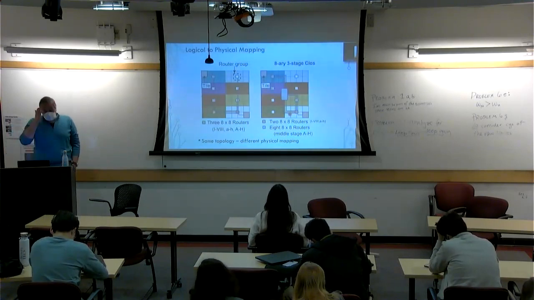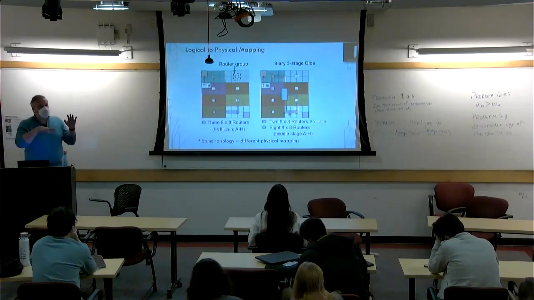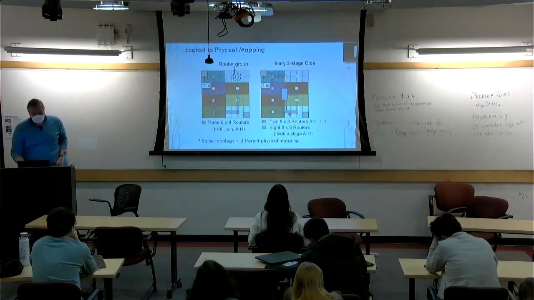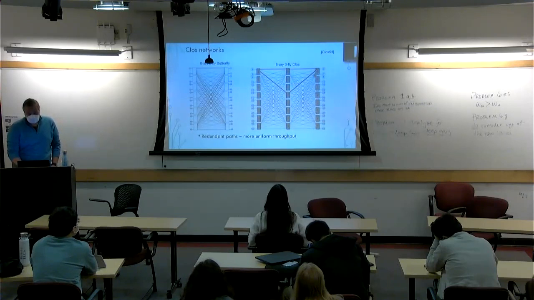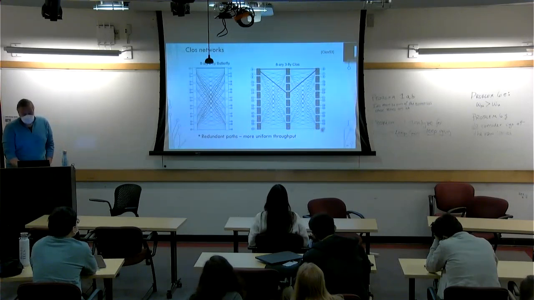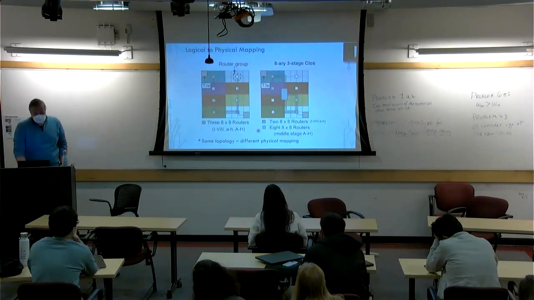Here is an example of what I was talking about regarding the differences between logical and physical mapping, right? So we're still talking about this Clos network. You have 3 stages of 8 routers, each labeled 1 through 8, A to H capital, and the last A to H lowercase. And so you have some choices.